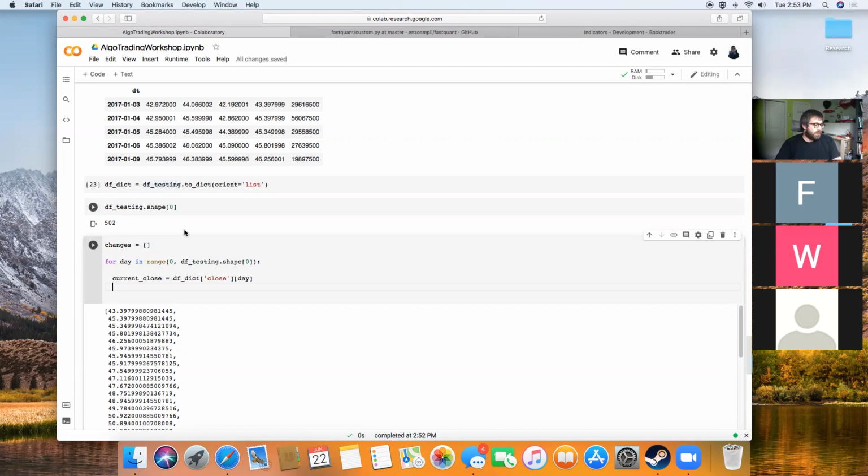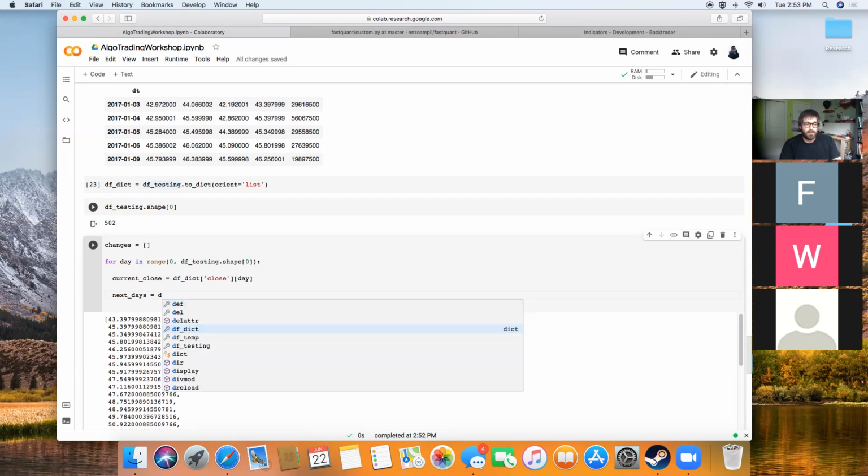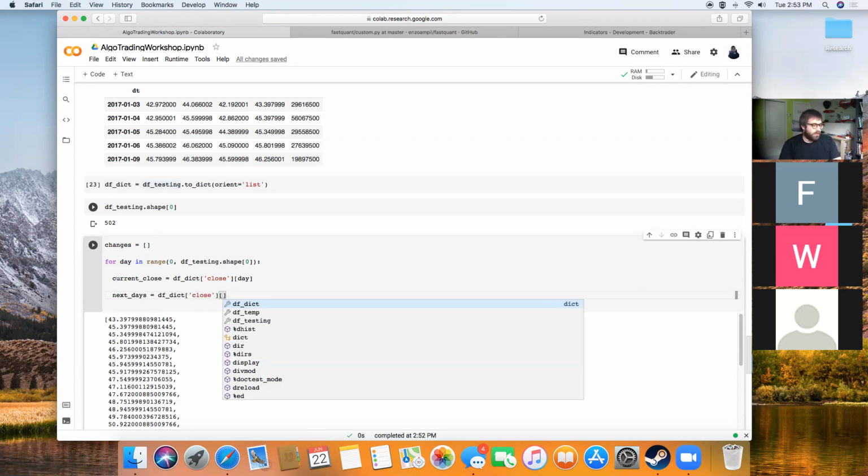And now what I want is the next 5 days. So I can do from the dictionary as well at the close price. Are you familiar with doing things like this with arrays? Slicing, the term is.